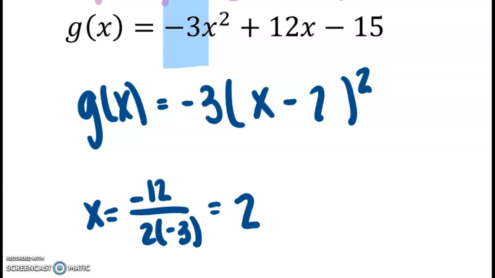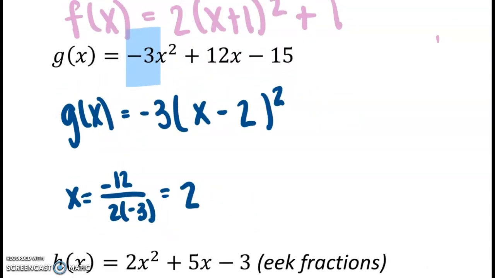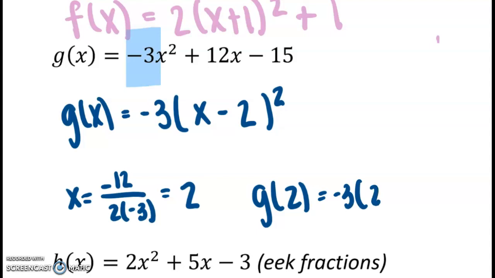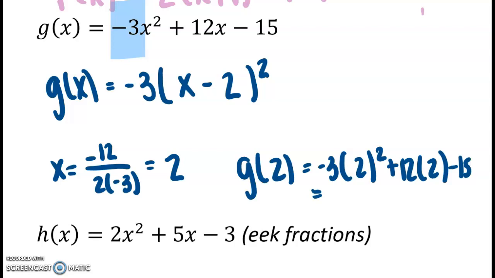That tells me x minus 2 goes in parentheses here. Now to find the y coordinate, take that 2 and substitute it in. So you have -3 times 2 squared, plus 12 times 2, minus 15. 2 squared is 4, times -3, we got -12, plus 24, minus 15.